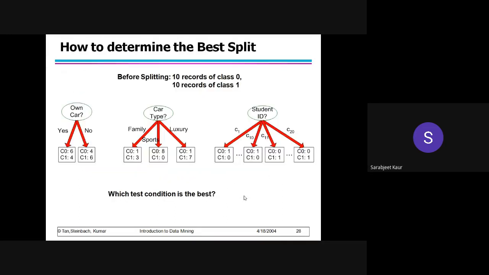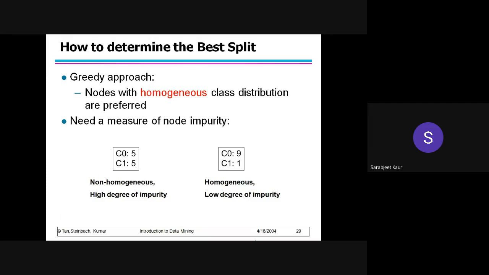And then we had broadly identified that homogeneity or a lower degree of impurity is what we look for. That is, we look for pure partitions when we split a particular data set, or a particular node, into two smaller nodes.